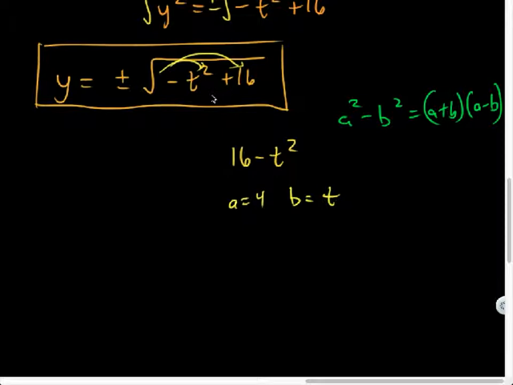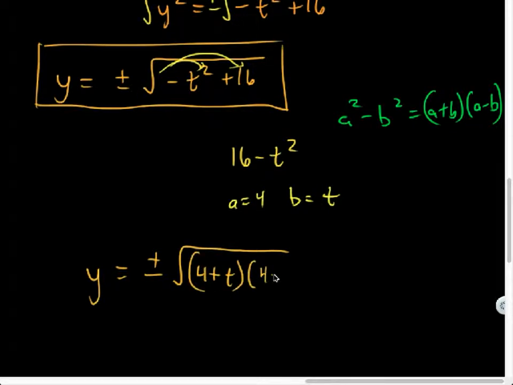You would just happen to have gotten away with it this time. So plus or minus the square root of 4 plus t times 4 minus t. But that actually didn't help us. I'd just simplify and say y equals that. I'm fine with this answer here.